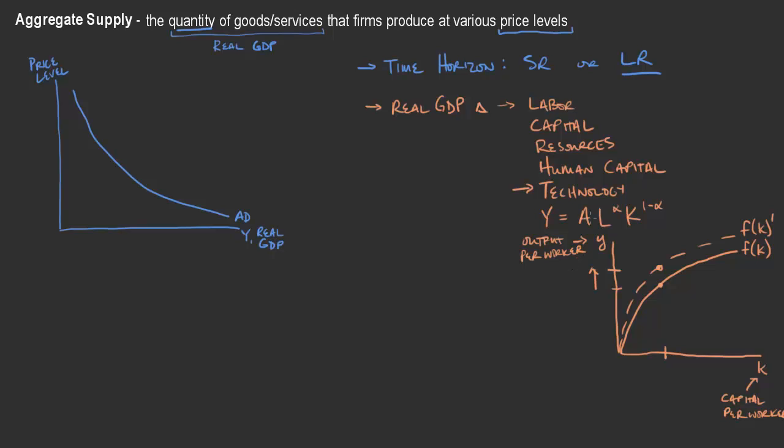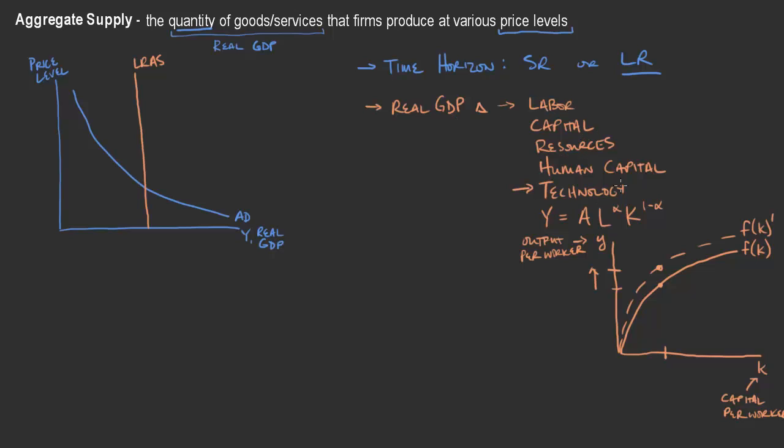So what we're going to see here is that this all transforms into a long run aggregate supply curve that we generally think of as vertical. Long run aggregate supply. And that's because this long run aggregate supply is really made up of these inputs, and that's going to give us our real level of GDP.